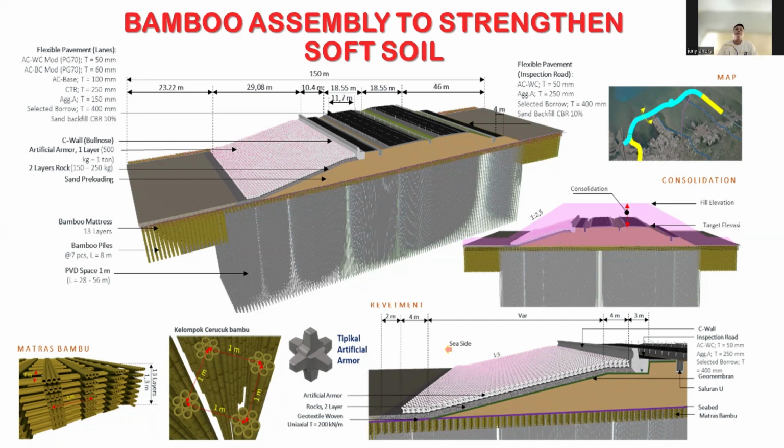The bamboo assembly has 13 layers, and one part of the assembly is the bamboo matter, horizontally and vertically in one part, and this is assembled until the final row, or in Bahasa, ROV.